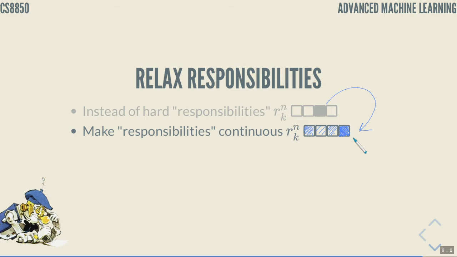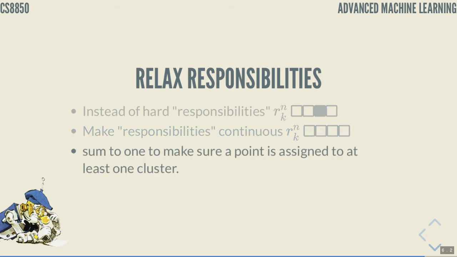What does it remind you of from modern machine learning, deep learning, and such? But our goal is to sum to one, to make sure a point is assigned to at least one cluster, right?